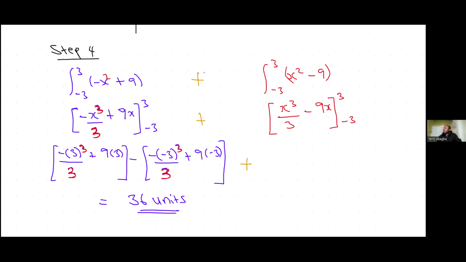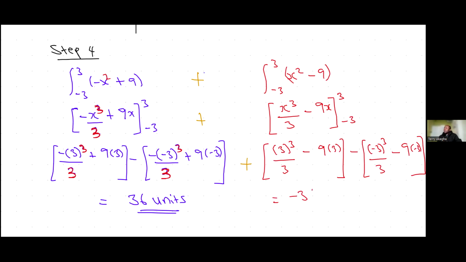So it's going to give you 3 raised to the power of 3 divided by 3 minus 9 times 3, minus, you open the brackets, minus 3 raised to the power of 3 divided by 3 minus 9 times minus 3. All that. And when you solve that, it should give you minus what? 36. I remember I told you can't have negative, so that will give you what? 36. You ignore the negative sign, so it gives you 36 units squared.